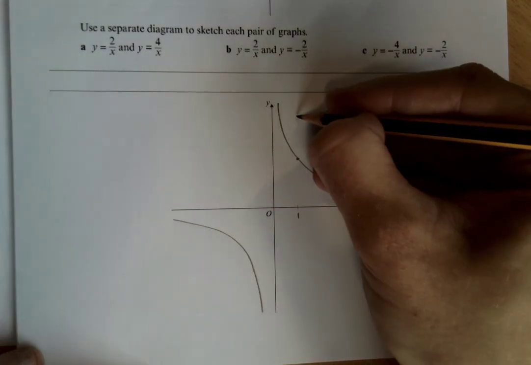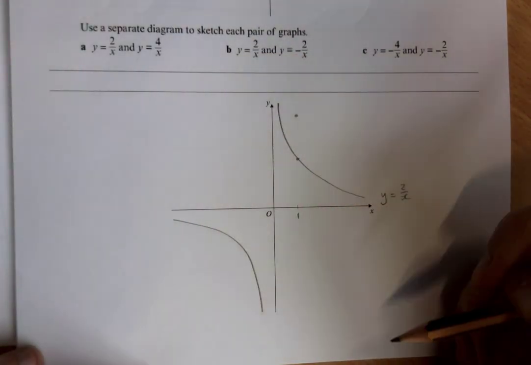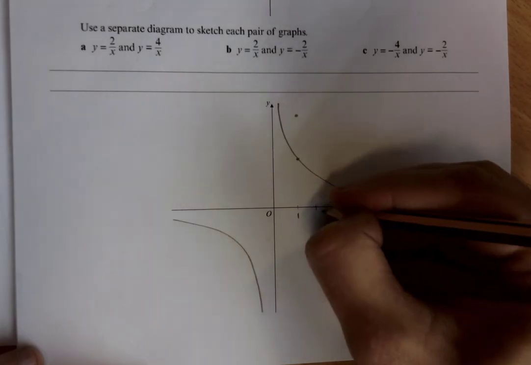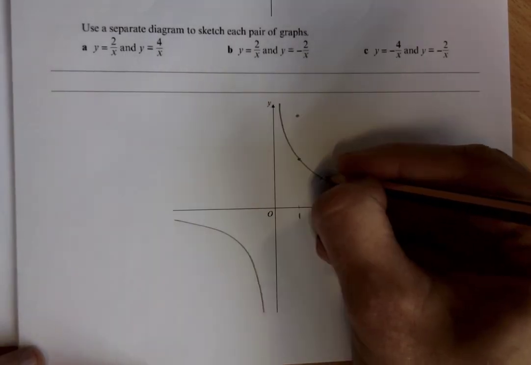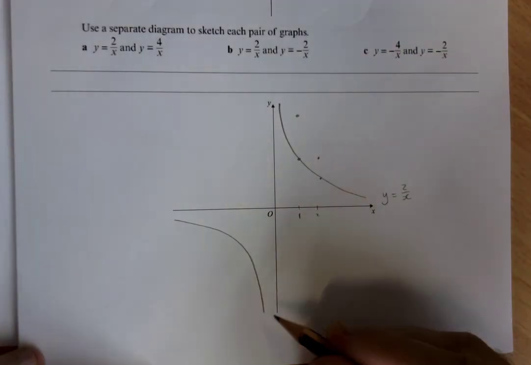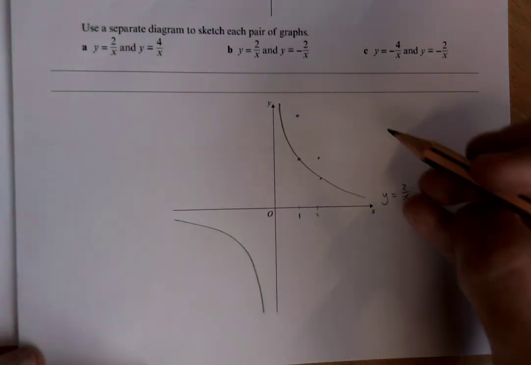The other one is going to be higher up, because 4 divided by 1 is 4. If I were to put in 2, then this one is going to be 1. 4 divided by 2 is 2. There. And so I assume at all points it's going to be twice as high.